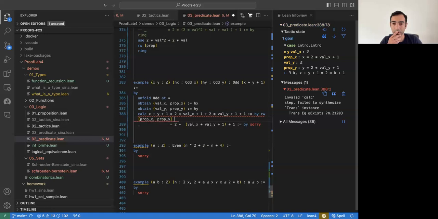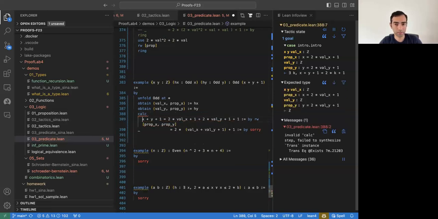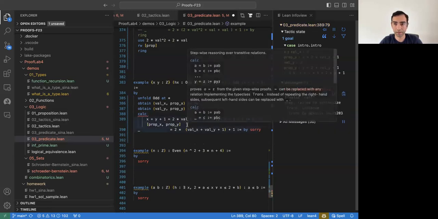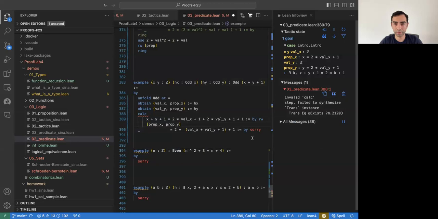Why is it not this? What am I doing wrong here? I should put it like this, I think. Yeah, so that's about the syntax of calc. And then now I have to fill this sorry, I guess.